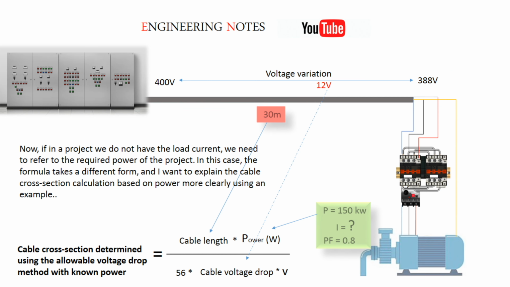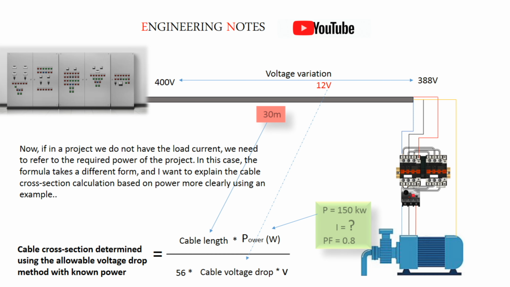Now, if in a project we do not have the load current, we need to refer to the required power of the project. In this case, the formula takes a different form, and I want to explain the cable cross-section calculation based on power more clearly using an example.